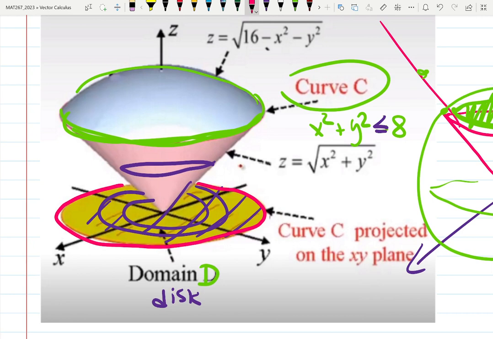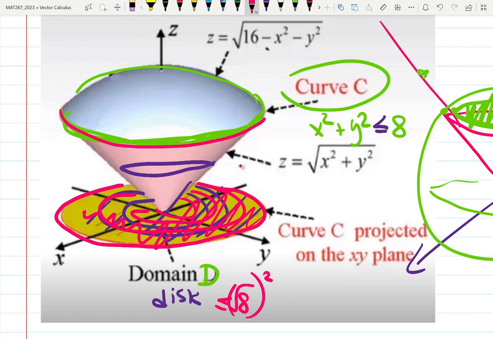So to make it filled, that's what you call a disk, I need to understand that it should be less than or equal to the radius, which is square root of 8 squared. So then this will also be included, which is, say, radius 3, radius 2, radius 1. So all of them will be included, and I need that, or else I only end up with this beautiful side of the ice cream.